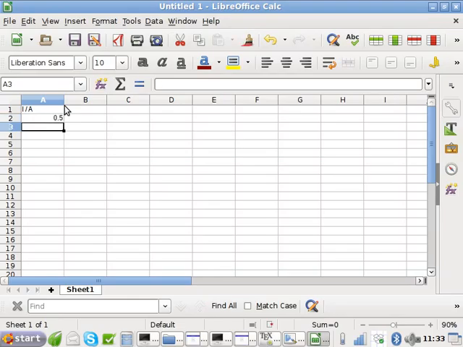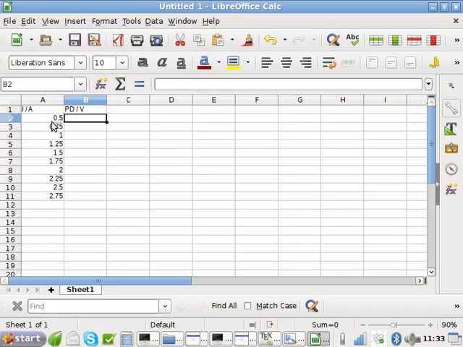Okay, the first one? 0.5. 0.7. Is it increasing like this each time? Yeah. 0.25 increase. Okay, and the voltage, the potential difference in volts.